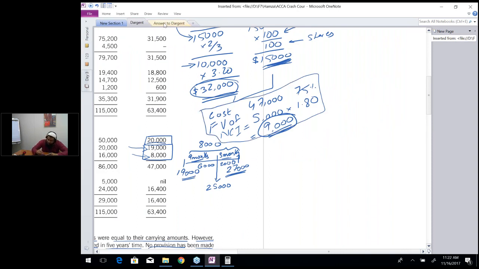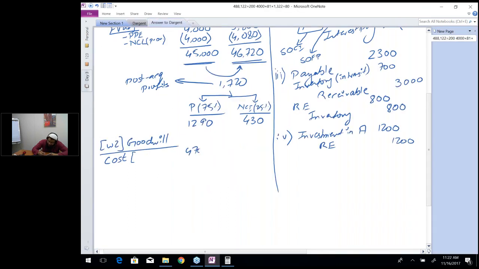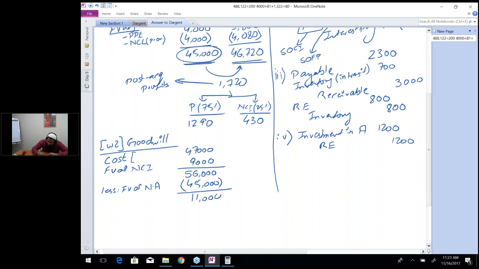So 47,000 is the cost of acquisition, and the fair value of NCI is 9,000. So the sum of this is going to be 56,000. And then we are going to deduct the fair value of net assets, which are 45,000 at the date of acquisition. So this will give us the goodwill of $11,000. So 47 we had already discussed.